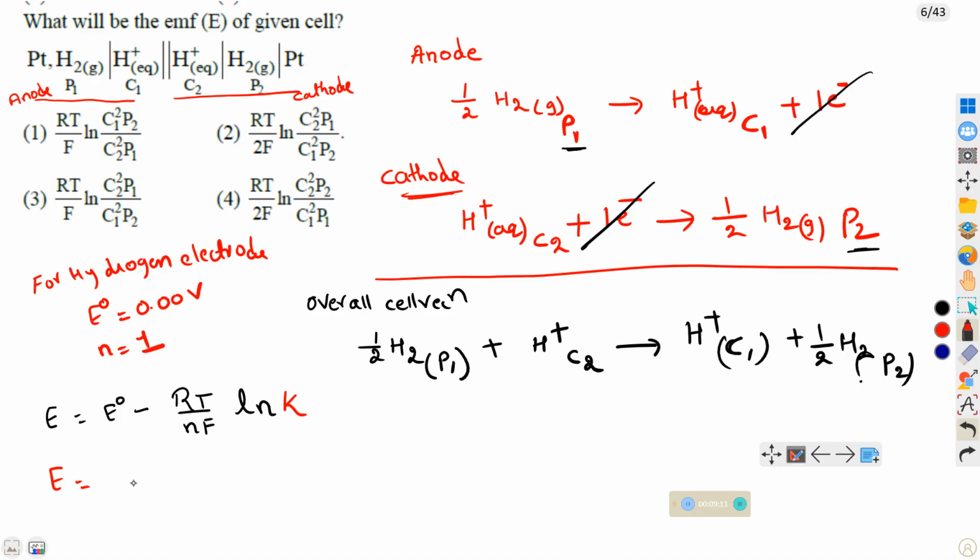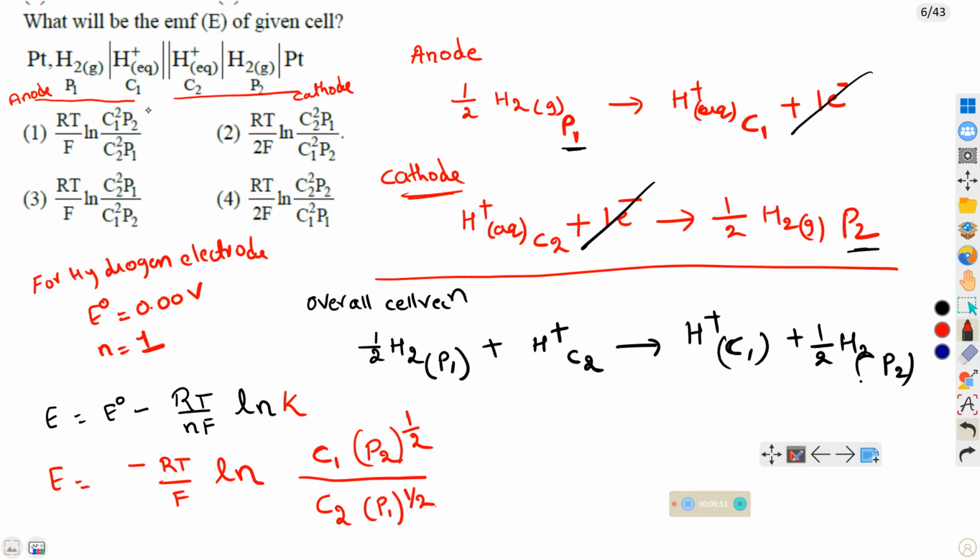Then E is equal to minus RT by F ln product concentration by reactants concentration. So C1 into P2, how many moles? 1 by 2 moles. P2 whole power 1 by 2 divided by C2 P1 whole power 1 by 2.